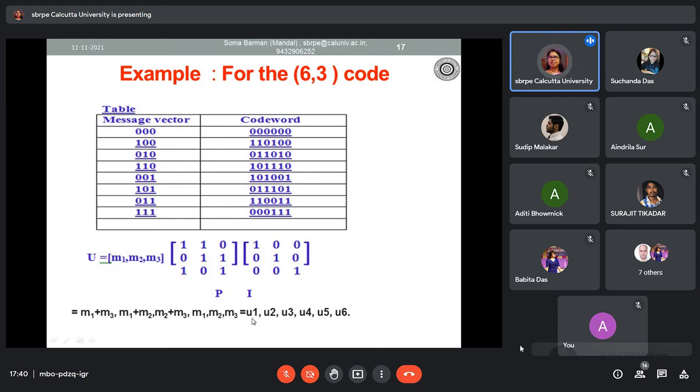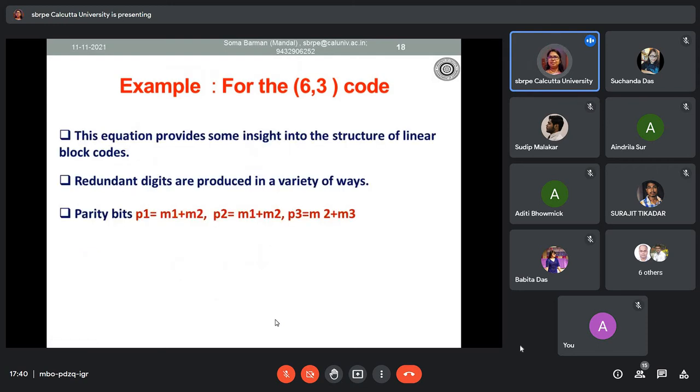U1 is M1 plus M3. The parity bit P1 is generated by the linear combination of message bits M1 and M3. Similarly U2 and U3. So the parity bit generation is very easy; it is nothing but the linear combination of the message digits.